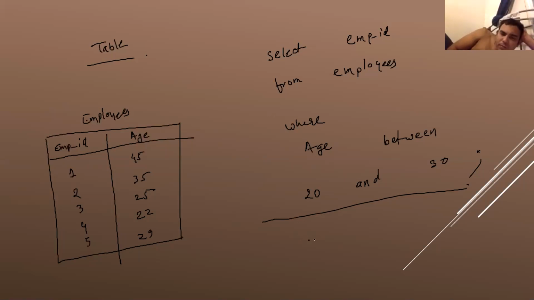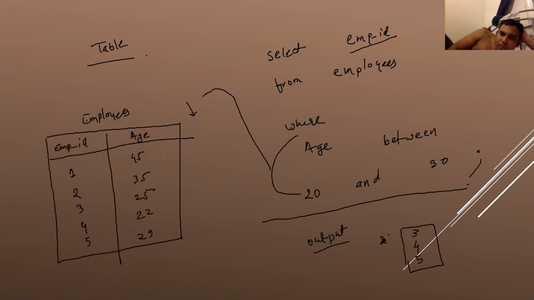So what would be the output? Output will be the employee IDs. So employee IDs are 3, 4, and 5. Here we are putting the expression.